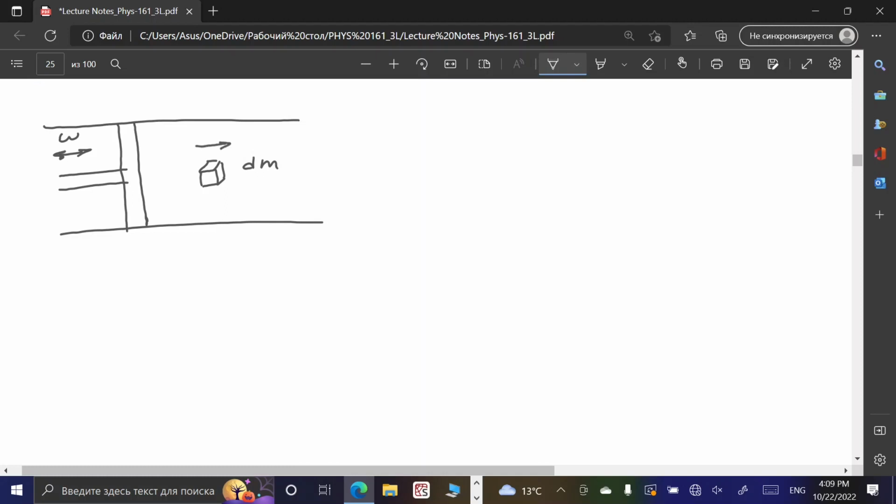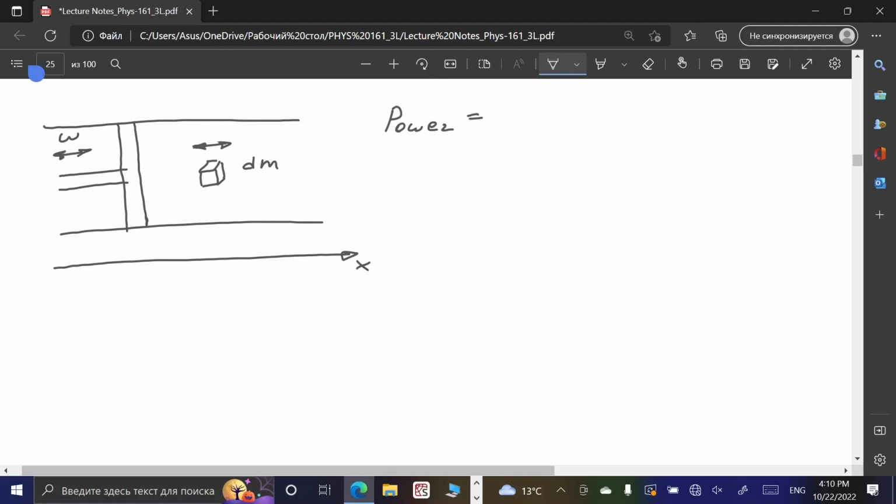As a result of this piston vibration, this element also experiences some displacement along axis x. So now we want to determine power, which is transferred through the cylinder and provided by this vibrating piston.